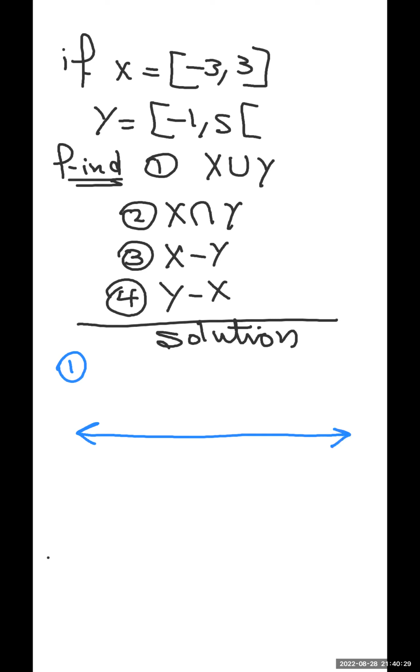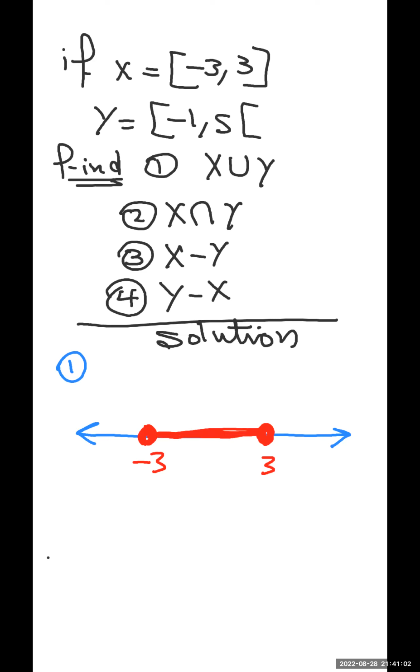It's -3 and 3. So this element is -3. This element is 3. It was closed from the two sides. So shaded circles on -3 and 3. And by default, shade the distance between the two elements. That's the interval of X.